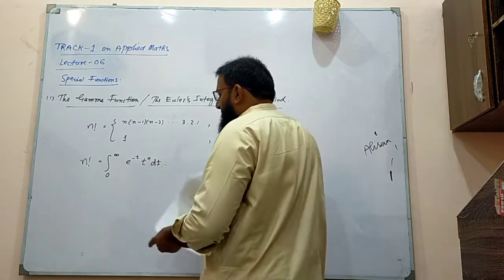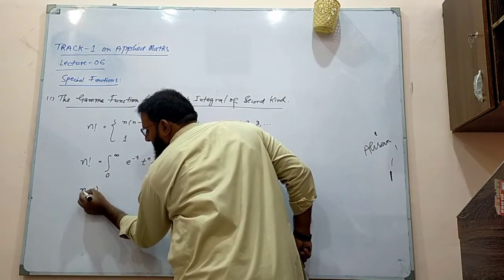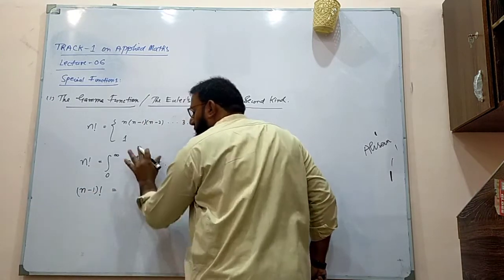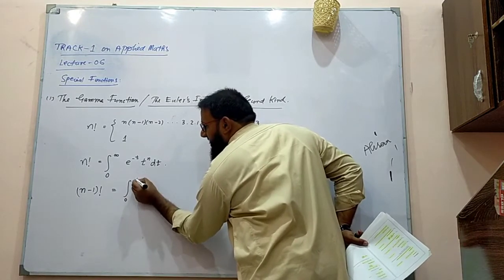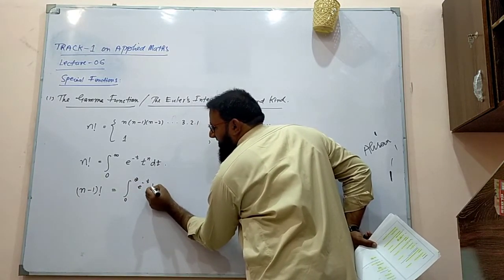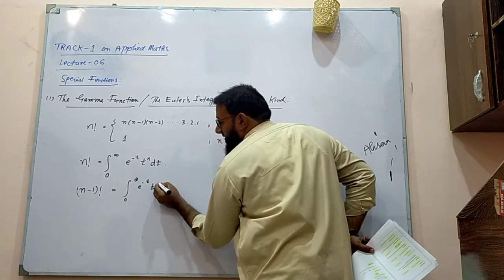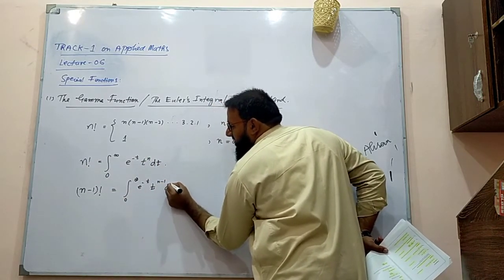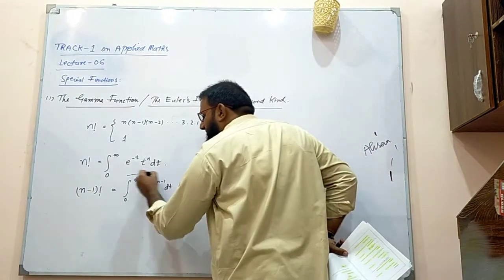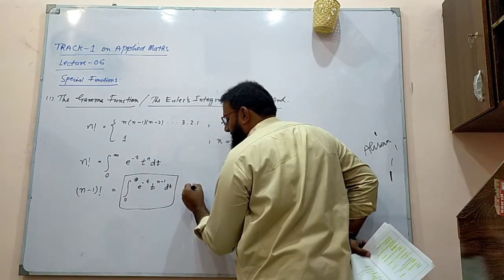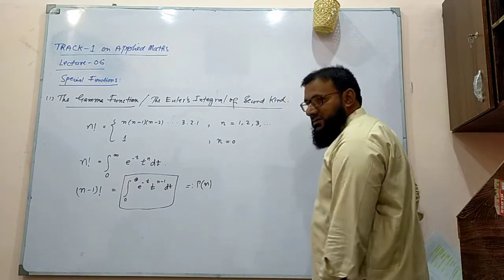So can you tell me what is going to be the factorial of n minus 1 with the help of this same integral? You know very well this is going to be integral 0 to infinity e power minus t, t power. This is n factorial, the power is n. This is n minus 1 factorial, the power is n minus 1, dt. And this particular thing is what we call the gamma function of n.